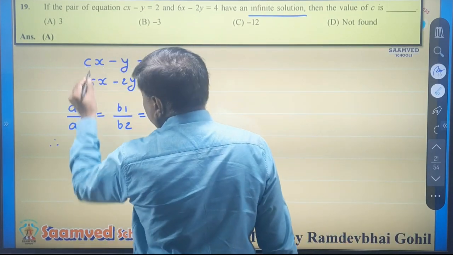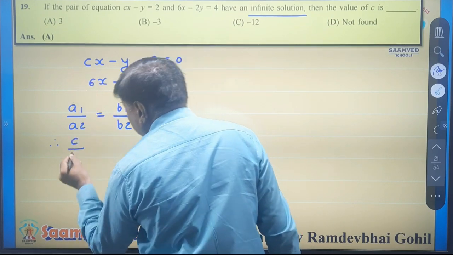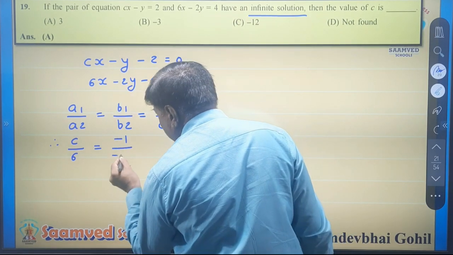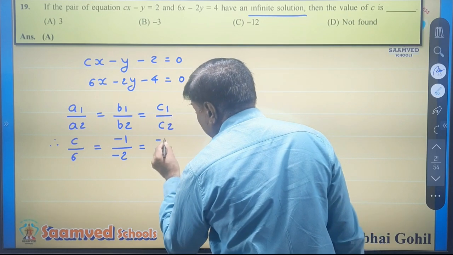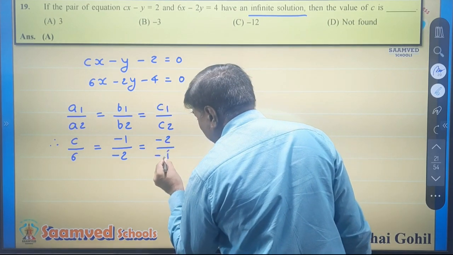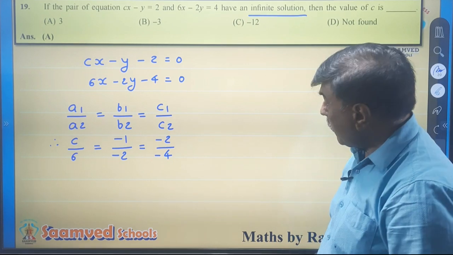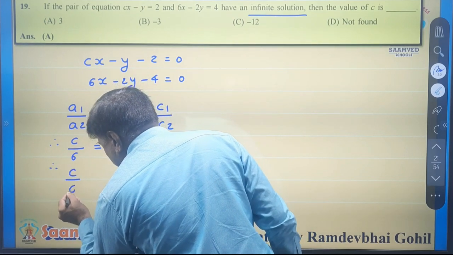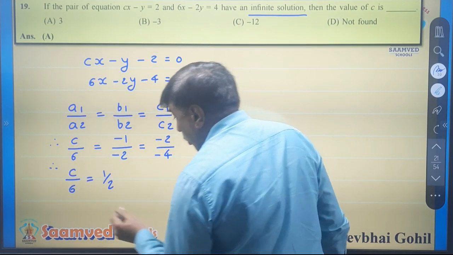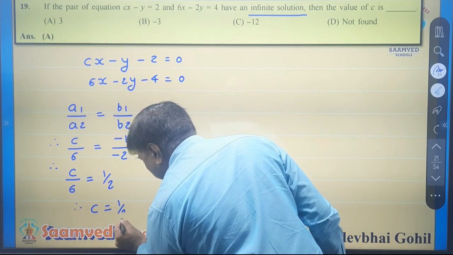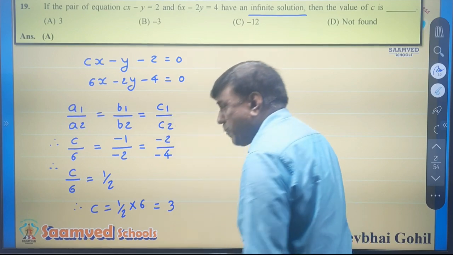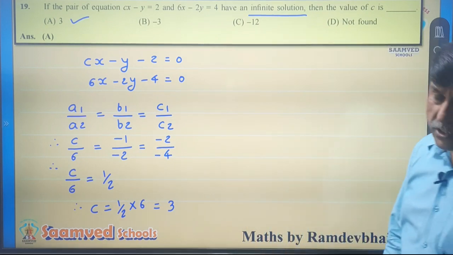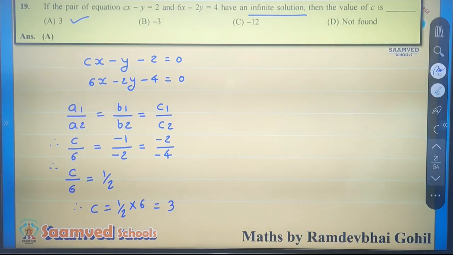So a1 means c upon a2 means 6 is equal to b1 means minus 1, b2 means minus 2, is equal to c1 means minus 2, c2 means minus 4. Right? If you take these two ratios, then this will be c by 6 is equal to 1 by 2. So c is equal to 1 by 2 into 6. So the answer will be 3. So c is 3. Option A is the answer. Got it?